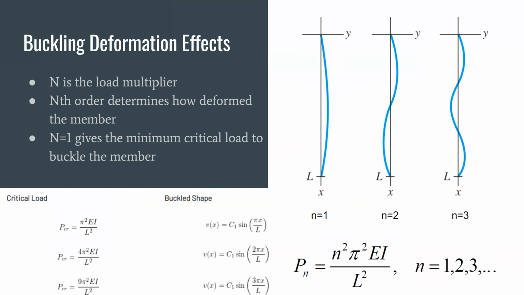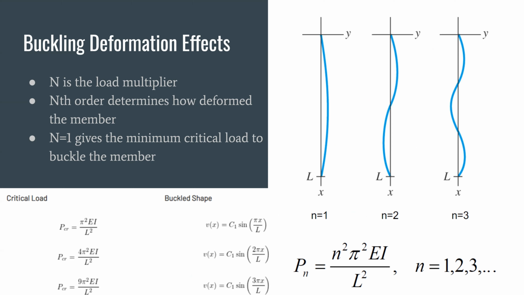For the higher order buckling modes, if n is greater than 1, it describes a higher buckling mode. Because of the lateral restraint, the column will be prevented from buckling. So the restraint from the top allows it to hold the column and stop it from buckling.